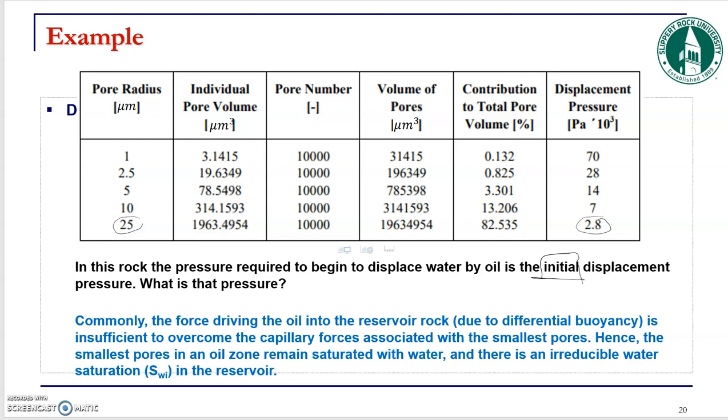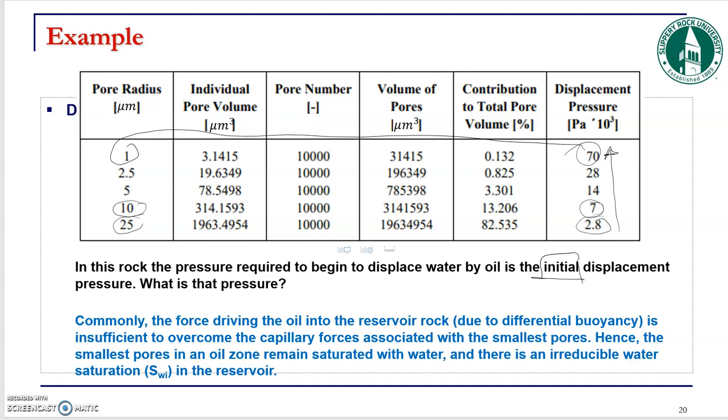Okay, if you increase your injection pressure to 7, then your oil will also have access to the 10 micrometer pores, and it will displace the water from those pores. And if you increase your pressure to 70 kilopascal injection pressure, then you will have access to these 1 micrometer pores as well, so you will remove the water from those pores.